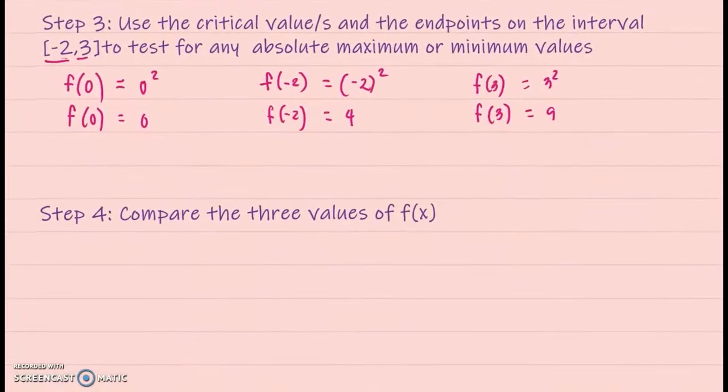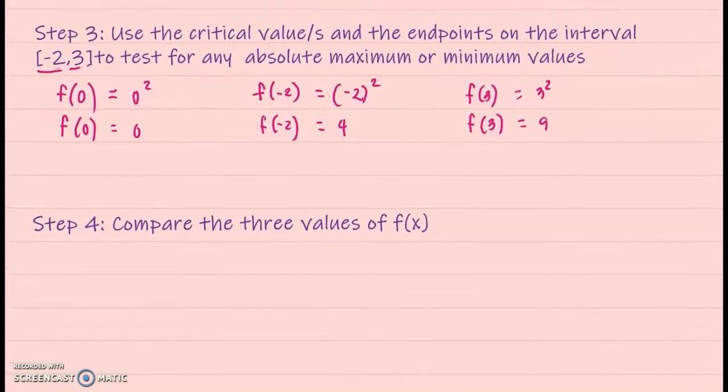Step 4. Compare the three values of f of x from step 3. Okay, so we have here f of 0 is equal to 0, f of -2 is equal to 4, and f of 3 is equal to 9. Among the three values of f of x, first find which has the highest value. Of course, it's 9.